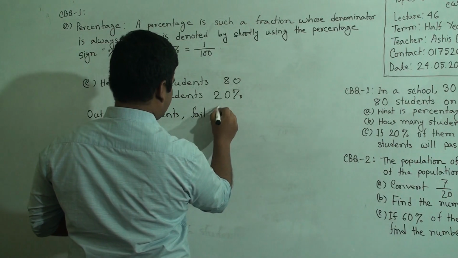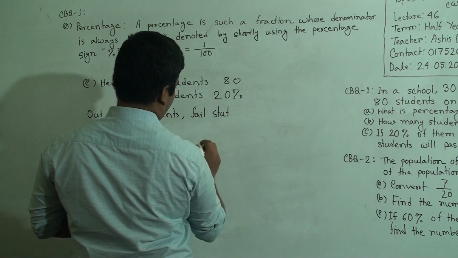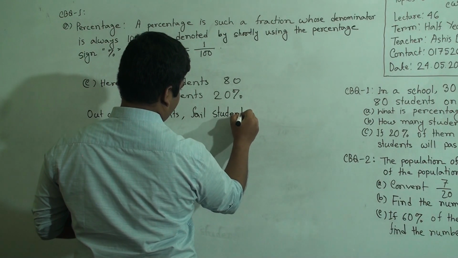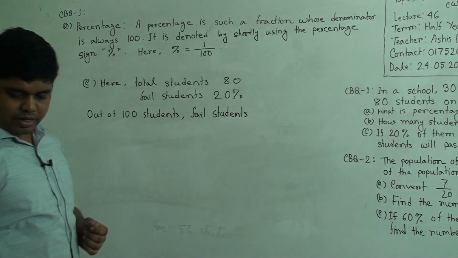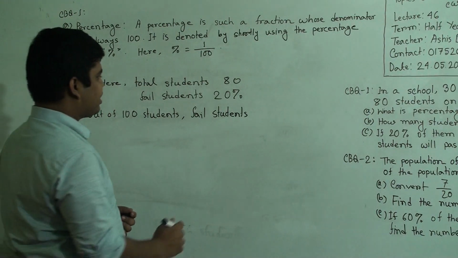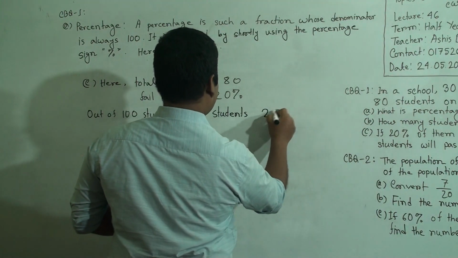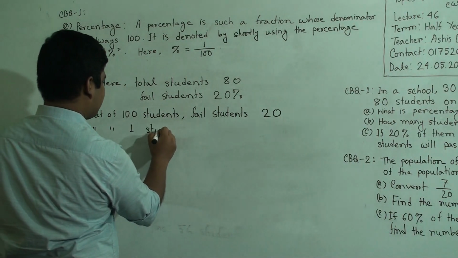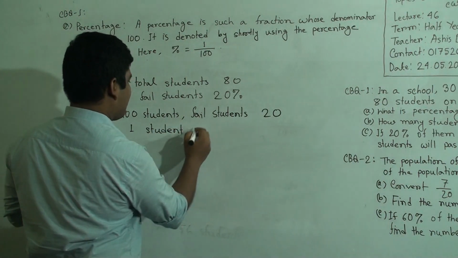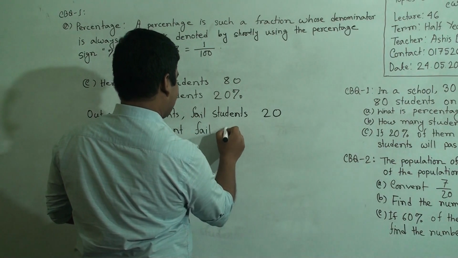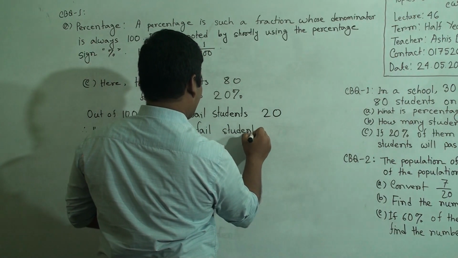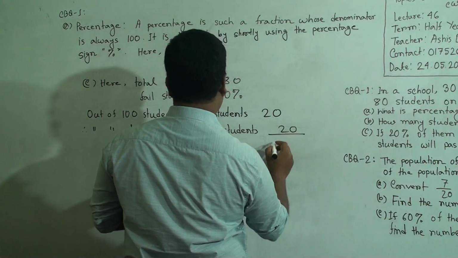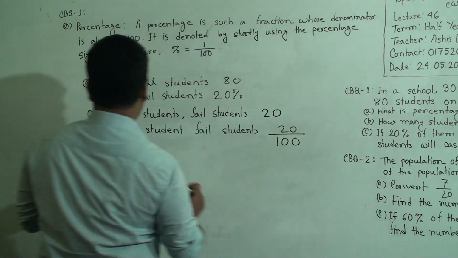Now from this information we can write, out of 100 students, fail students how much? 20. So therefore out of 1 student, fail students, as 1 is less than 100, so division will happen. That means 20 divided by 100.